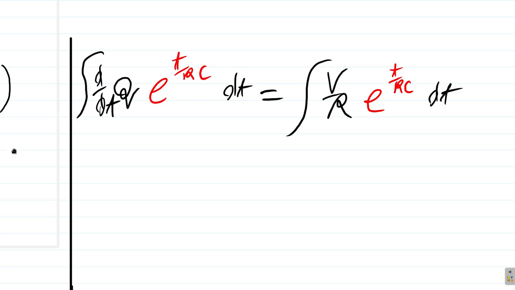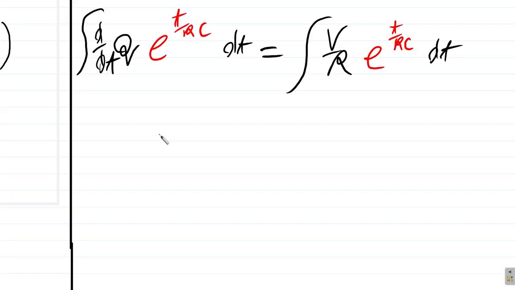It's like the integral and derivative cancel out each other, just like square and square root, multiplication and division, and so on. When you integrate the derivative of a function, the function is left undisturbed. So what you have left is q e to the t over RC.